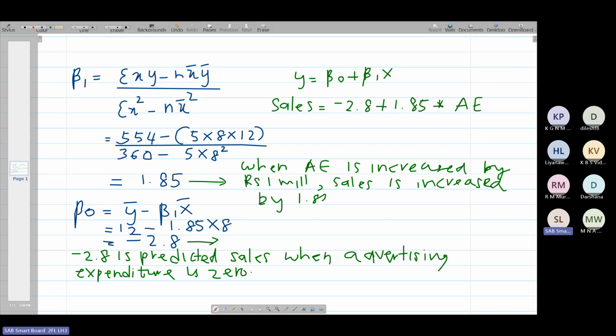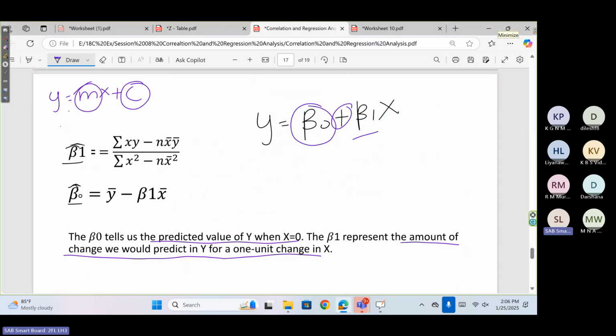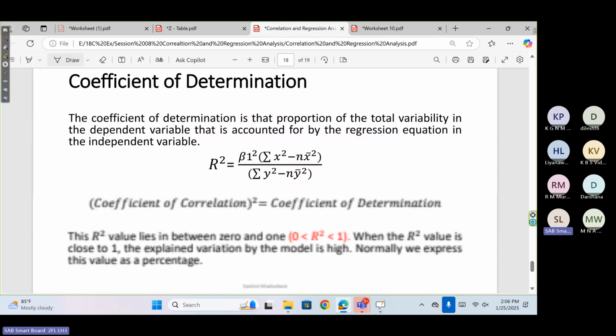Okay, the interpretation is the most important thing here. When we use software, we get the output but there is no interpretation. Our duty is to do the interpretation.